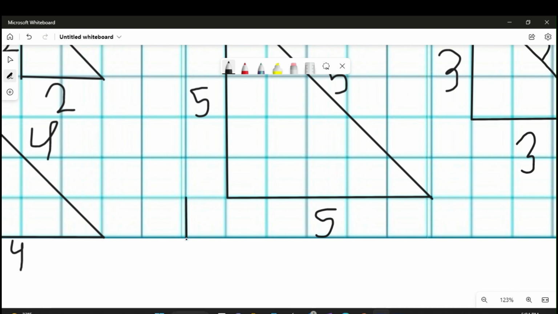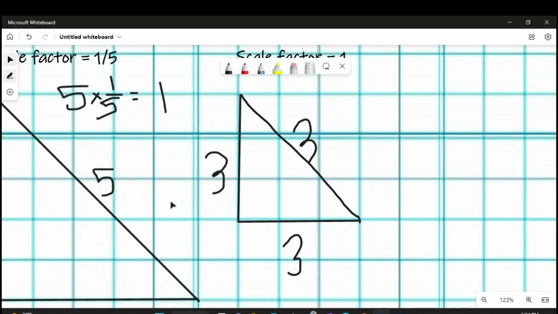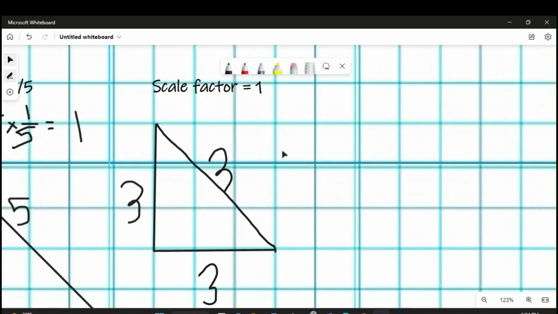Okay, side length of 1, side length of 1, and another side length of 1. Let's label the points. And that's going to be our resulting image.